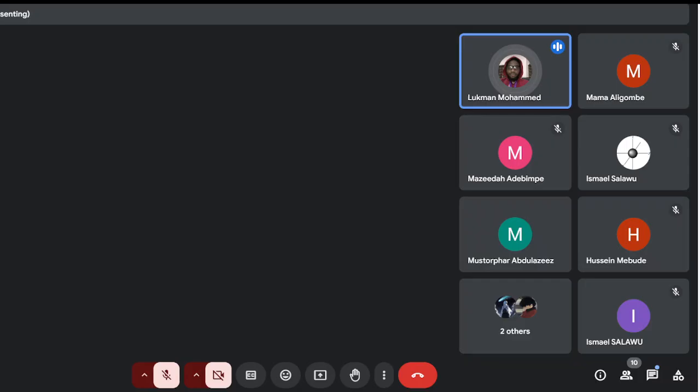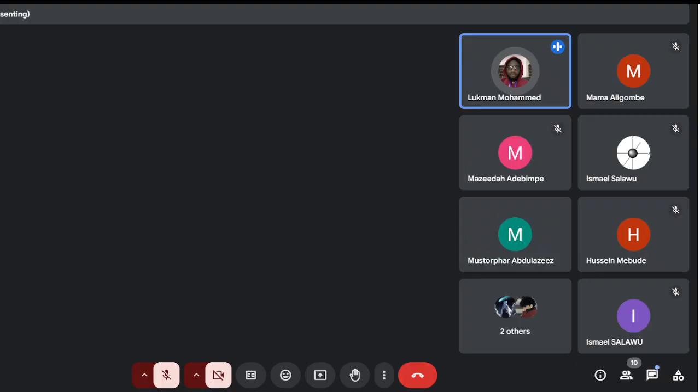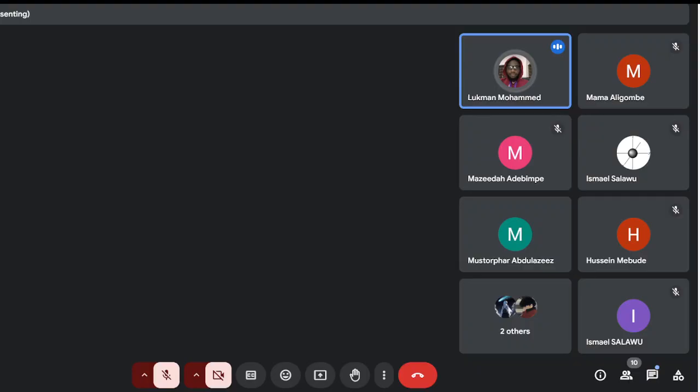The vertical component, opposite, is 9 sine 30. Automatically, the horizontal is 9 cos 30. That's the horizontal, and it is closer to the direction of 12, which I've chosen to be positive, so plus 9 cos 30.